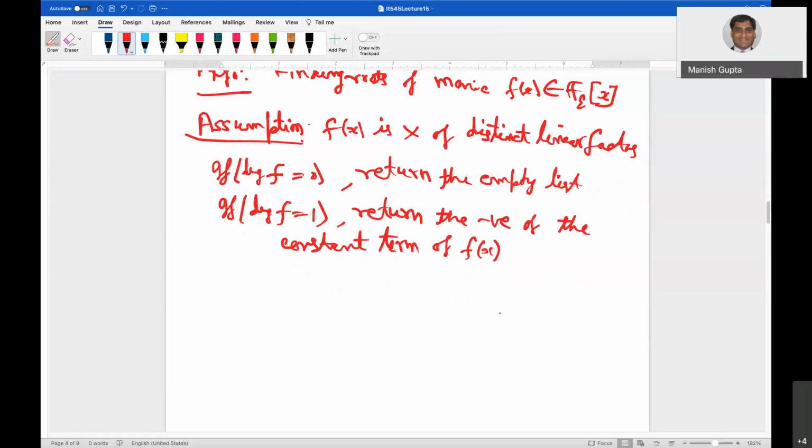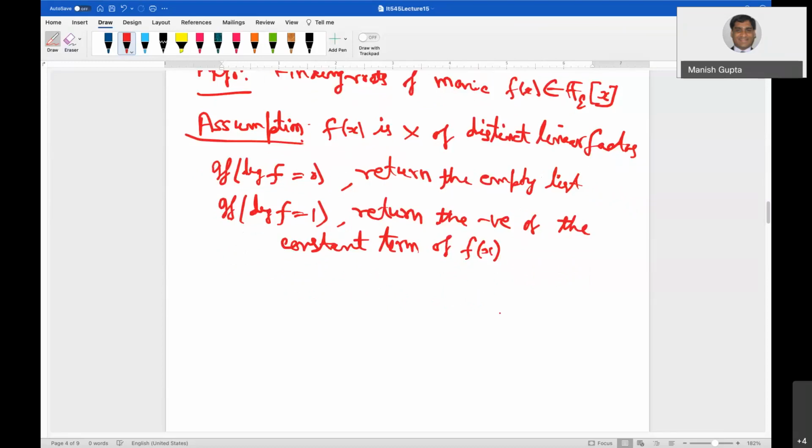Because if the degree of f is 1, it will be something like x plus alpha. So the constant term is alpha, then the negative of it is the root, right? Minus alpha is going to be the root, right?